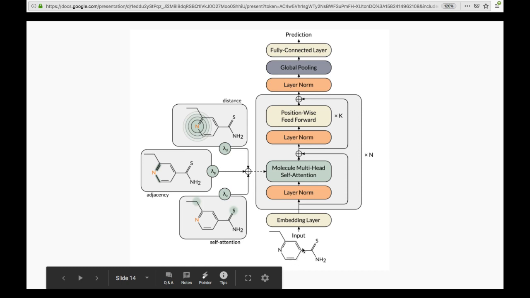So they call this self-supervised learning, and it's actually quite similar to the self-supervised learning in NLP. For example, in this context, maybe we mask the property of this atom and want to predict that.